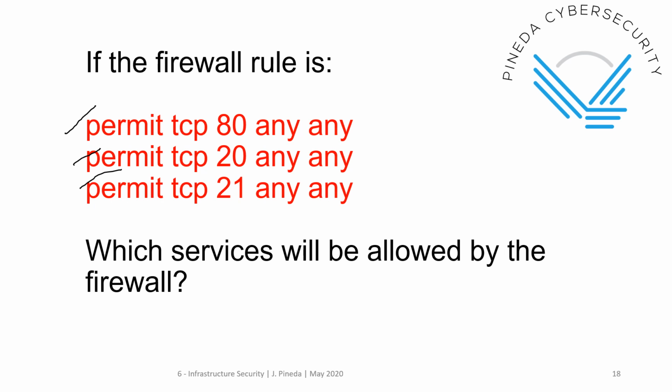So any, usually in your creation of your policies, this means source network and destination network or IP. So when we say any, it means any source and then any destination. Okay.